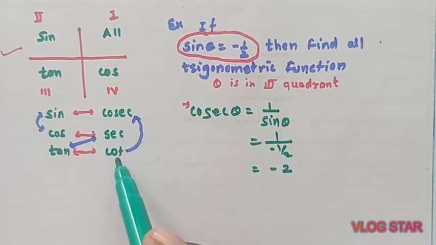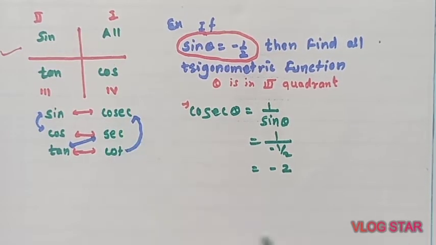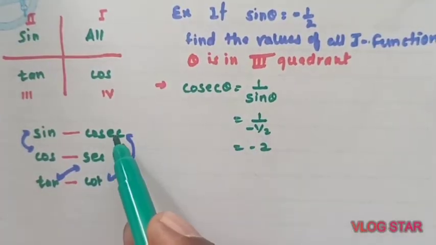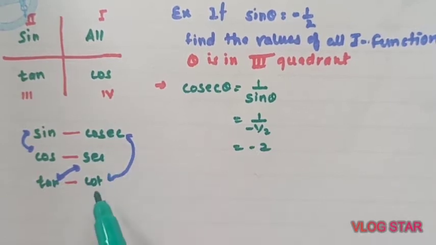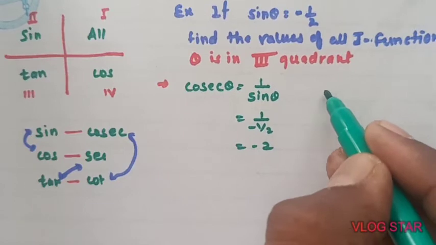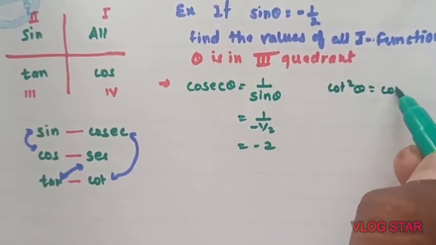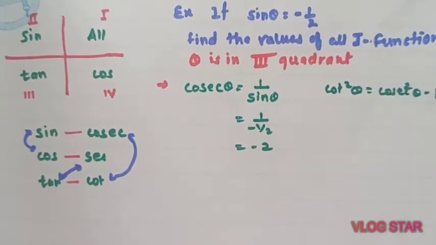From cosec I can determine cot. How? It is a square relation. Cosec square theta is 1 plus cot square theta. After determining cosec, we can determine cot. What is the relation between cot and cosec? As cot is on the downside, it is 1 less than cosec. So cot square theta is cosec square theta minus 1.